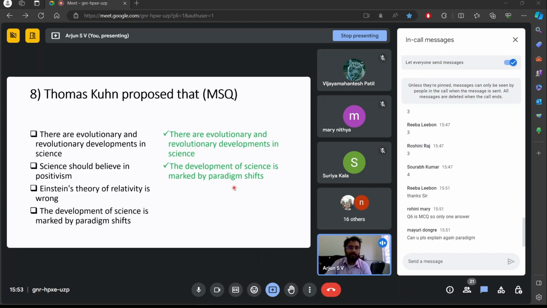I'll type it in the box. Paradigm can literally mean these words in different contexts. If anyone has a more correct or precise meaning, they can shoot it up in the chat box or on the mic. So let's just take paradigm as a state.